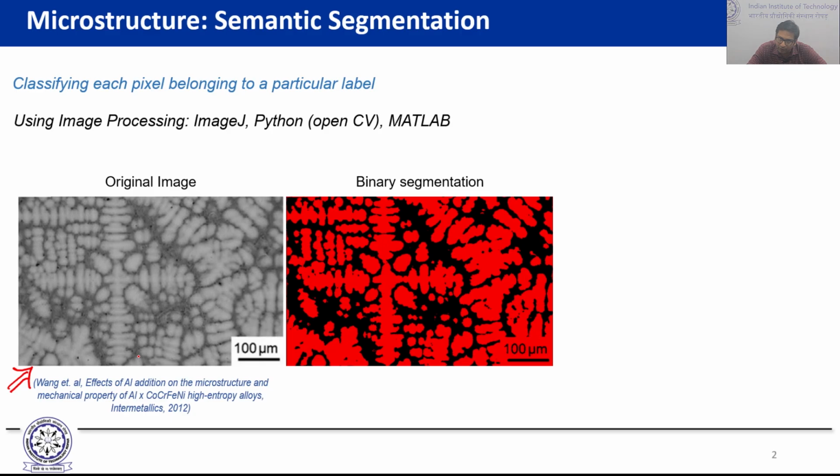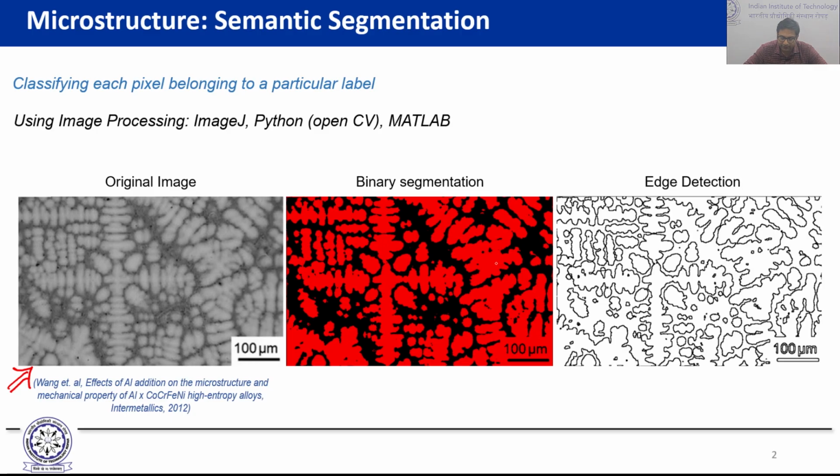Essentially you are doing some form of thresholding. As you do the thresholding, you are dividing the image into two different types of bins, and each bin will store one specific type of phase. In this case, the two types of phases would be the dendritic phase and the interdendritic phase.